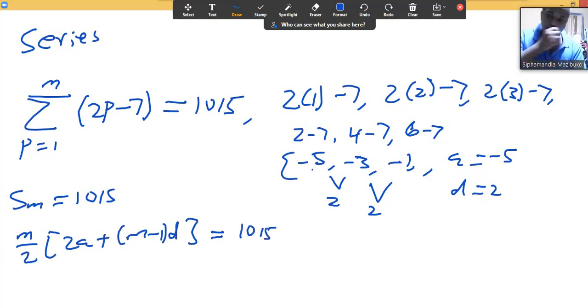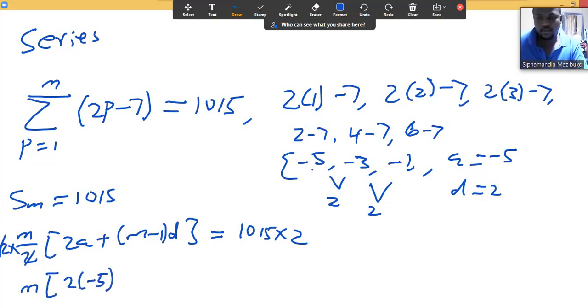So we can multiply by 2 on both sides. Let's put our 2 here and multiply by 2. You see these 2s cancel, so we are just left with m. What is happening inside here? We have 2 times our a, which is minus 5, plus m minus 1, and our d is 2.